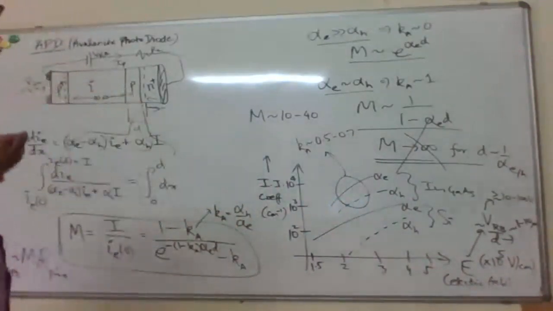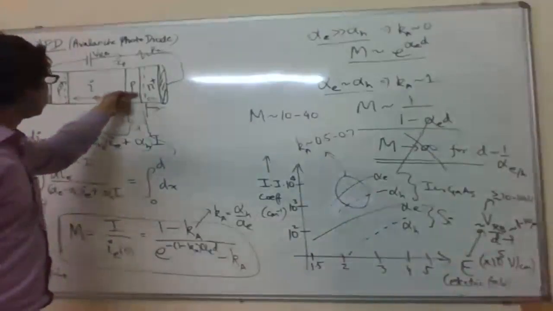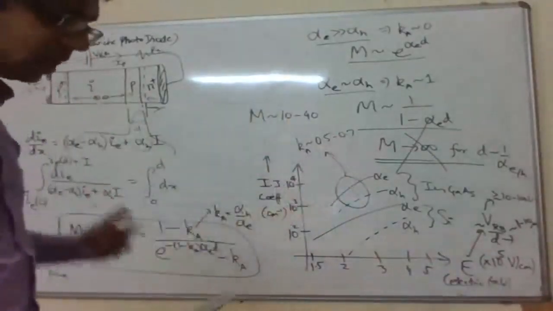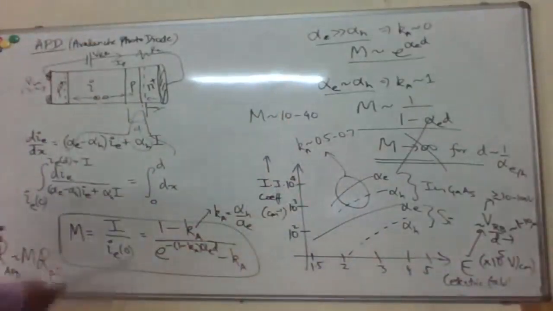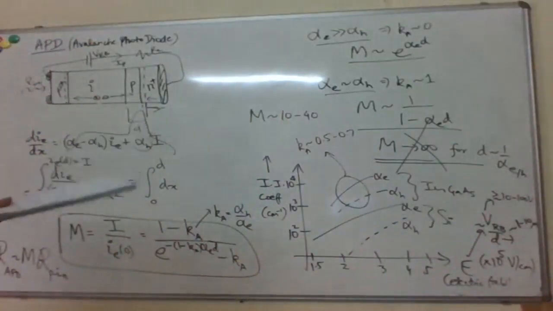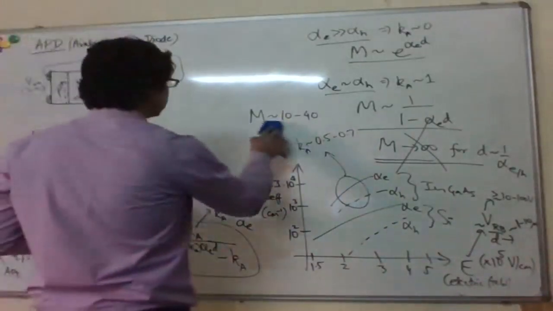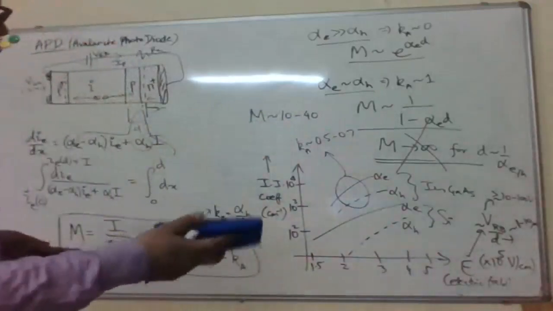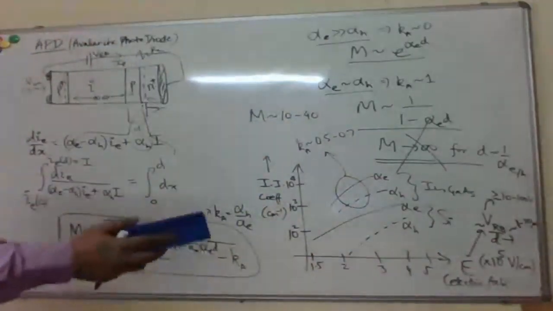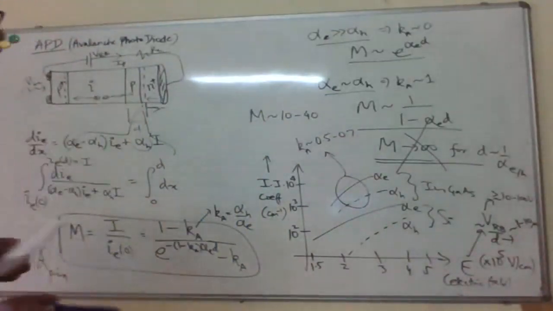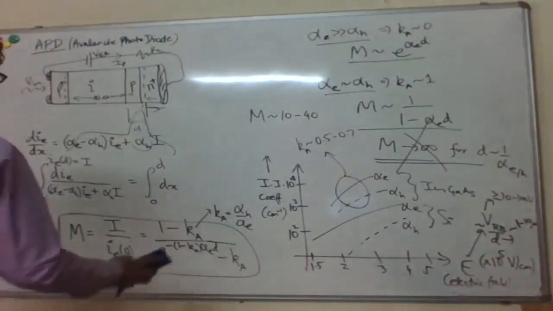You can imagine that they will move slightly slower through here because they're not just flowing; they're also undergoing collisions and causing this impact ionization. So there's an increase in transit time, which depends on this. The higher your multiplication factor, the slower the carriers flow through this gain region.